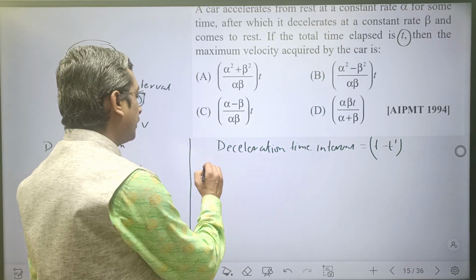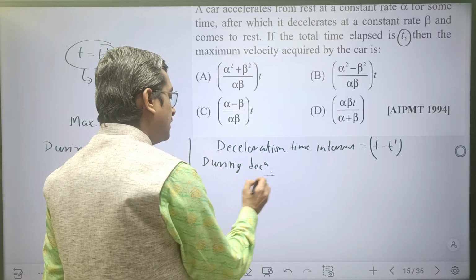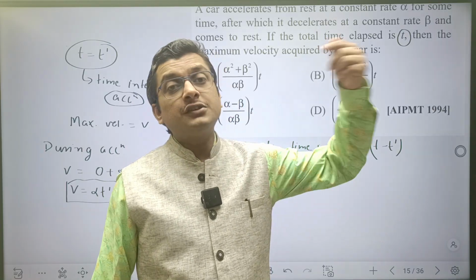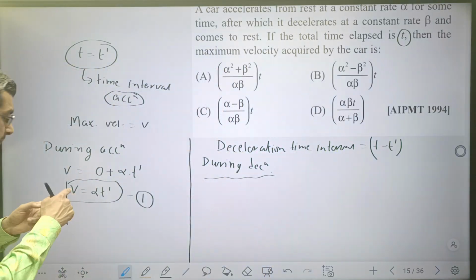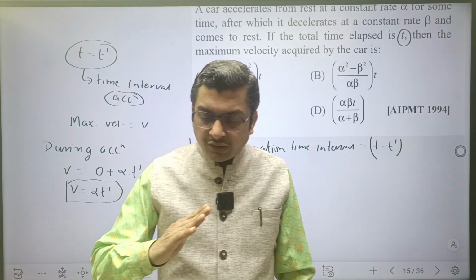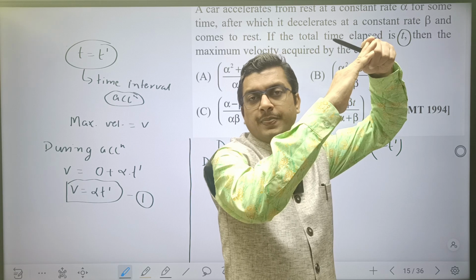Now during deceleration, what happens? The car's initial velocity is considered as v. Why? Because during acceleration the car's velocity keeps on increasing up to this point.